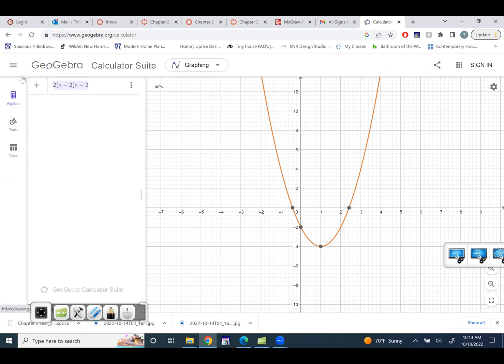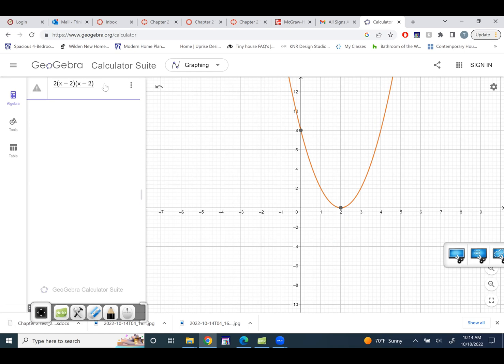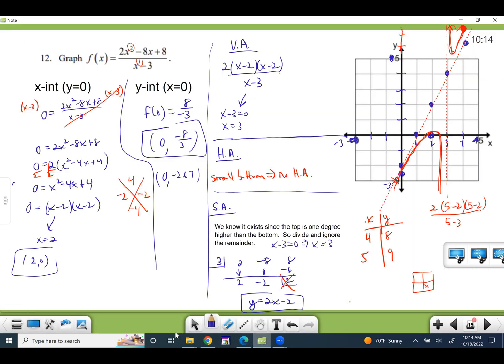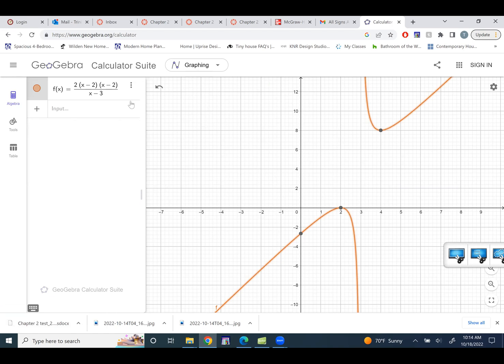So just kidding, parentheses. There we go. And then that's going to be divided by, oh my gosh, I forgot the bottom of this. I think it was x minus 3. It was x minus 3. All right, so enter. I'm going to put in the asymptote we got, which I believe was 2x minus 2.